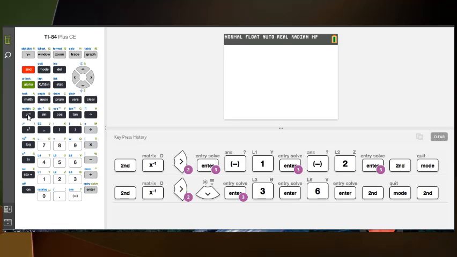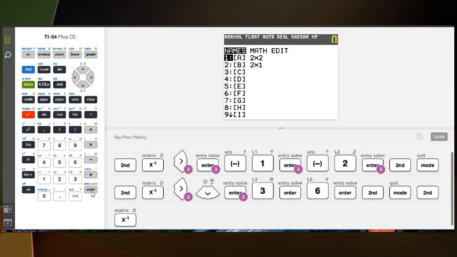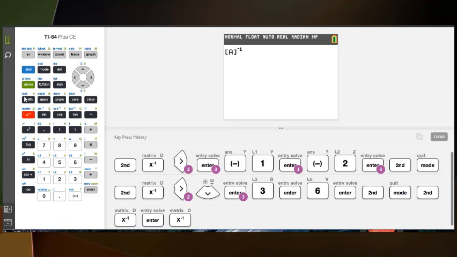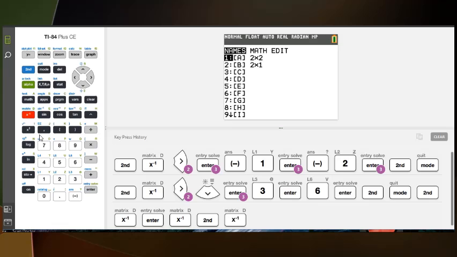I hit second matrix. I'm going to choose matrix A first. I want the inverse of matrix A, so I hit x minus 1. And I want to go back into second matrix to pull in matrix B, or my constant matrix.